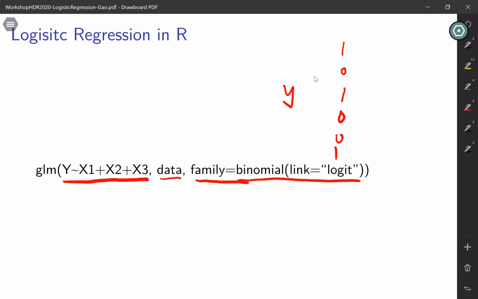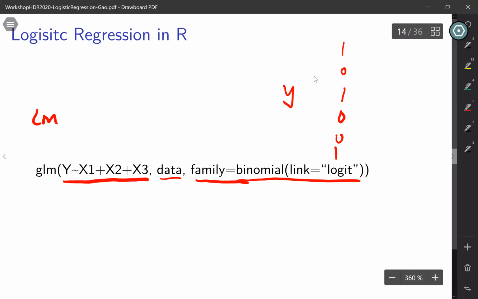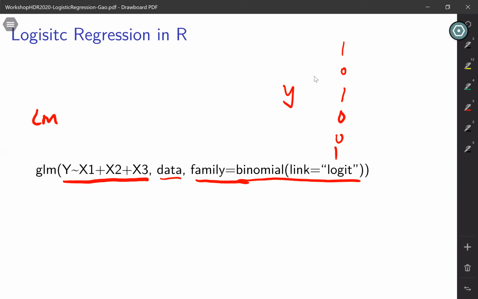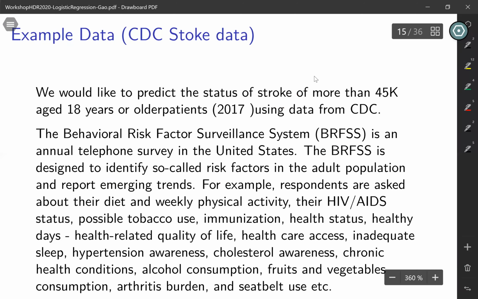Recall for linear regression, we use LM. Now this is a generalized linear regression model, GLM.